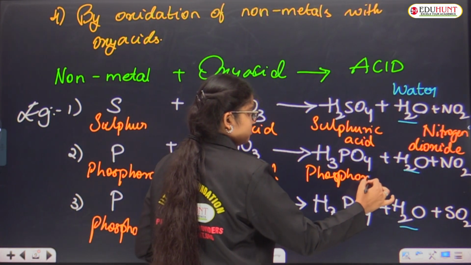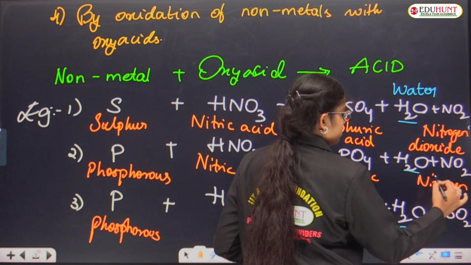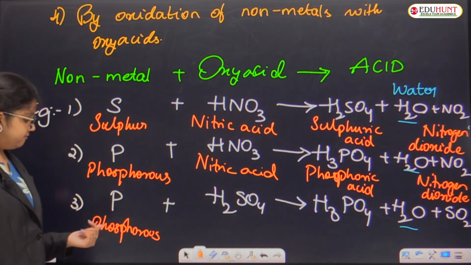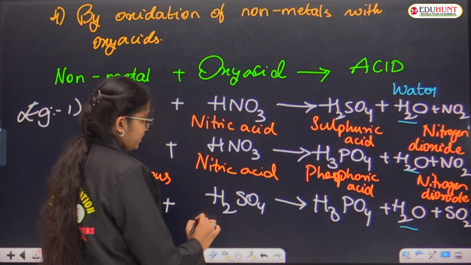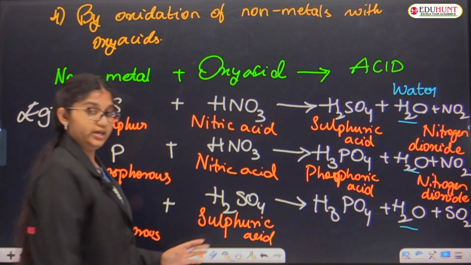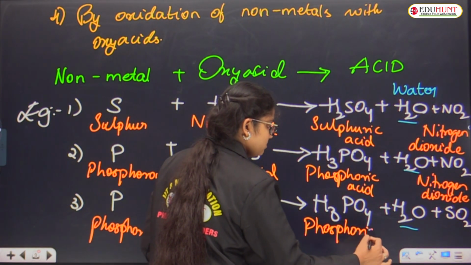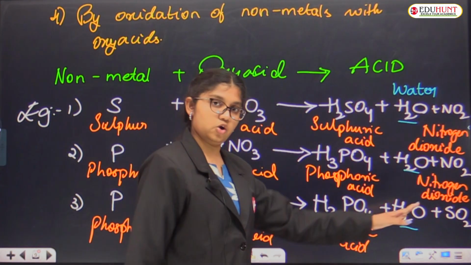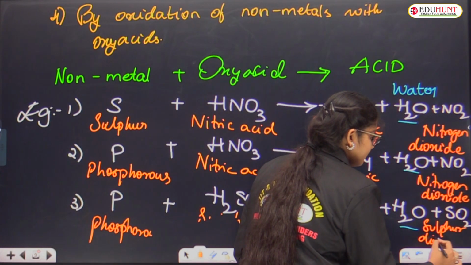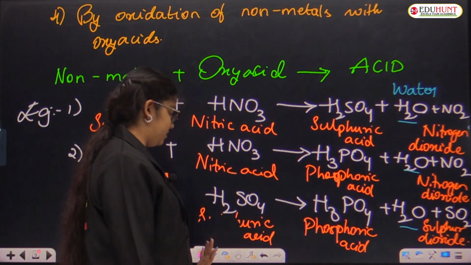Phosphoric acid and water molecule and also nitrogen dioxide. Now, third example, when we take phosphorus plus sulfuric acid, we get phosphoric acid and water along with sulfur dioxide. What is SO2, children? Sulfur dioxide. This is all about the examples of the 4th method.